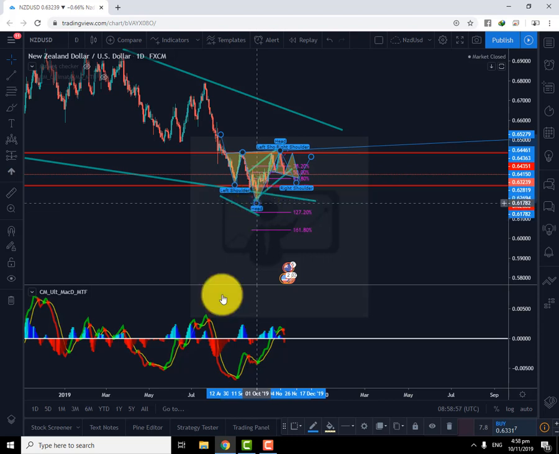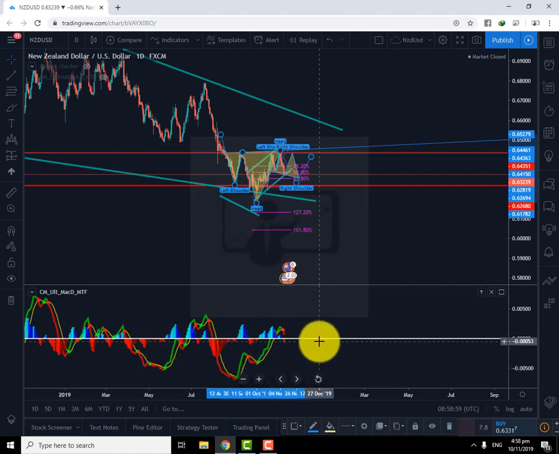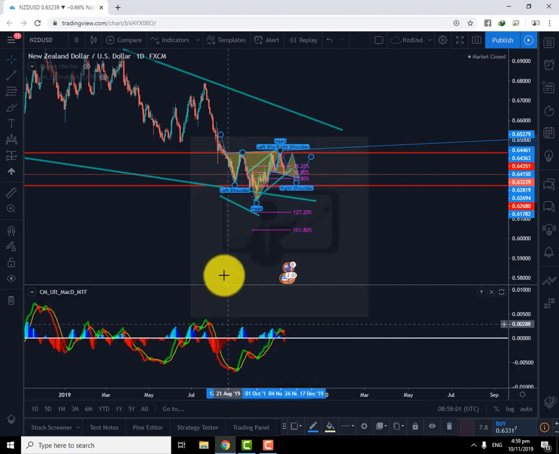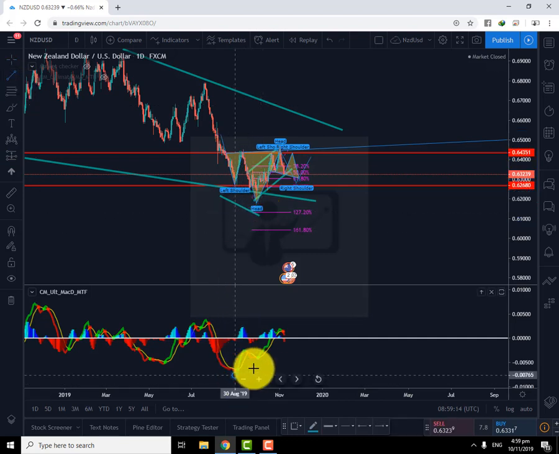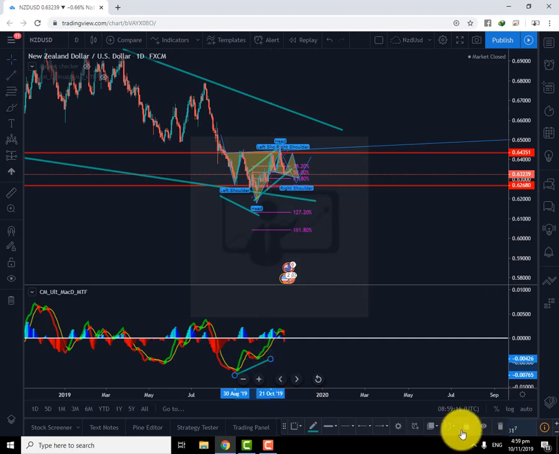However, on the MACD, on the tool that I have, we could see the crossover of the left shoulder is below the crossover of the head. So we could see a divergence forming on this pattern.